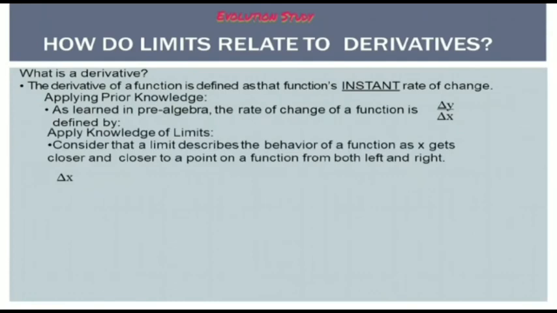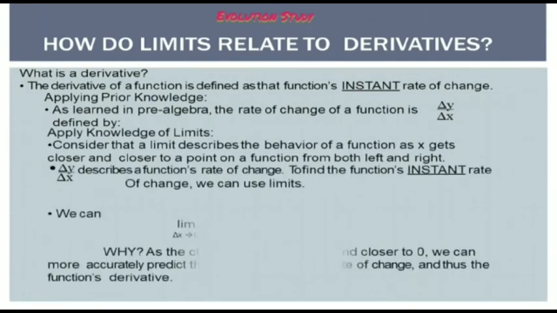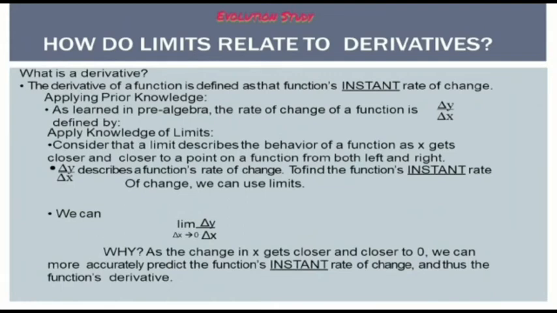What is a derivative? The derivative of a function is defined as that function's instantaneous rate of change. Applying prior knowledge learned in pre-algebra, the rate of change of a function is delta y by delta x. Defined by applied knowledge of limits, consider that a limit describes the behavior of a function as x gets closer and closer to a point on a function from both left and right.